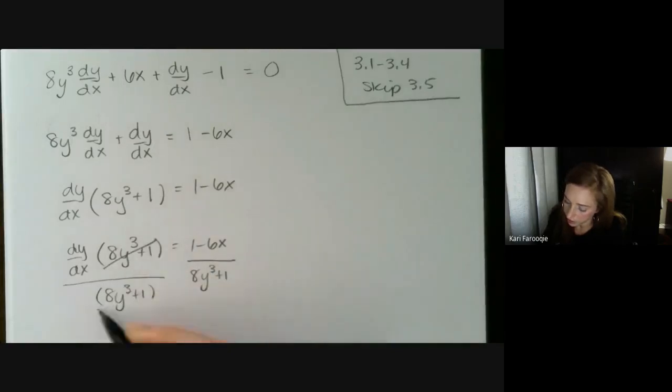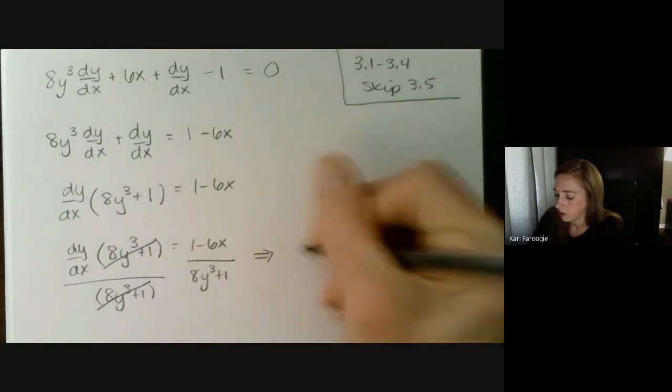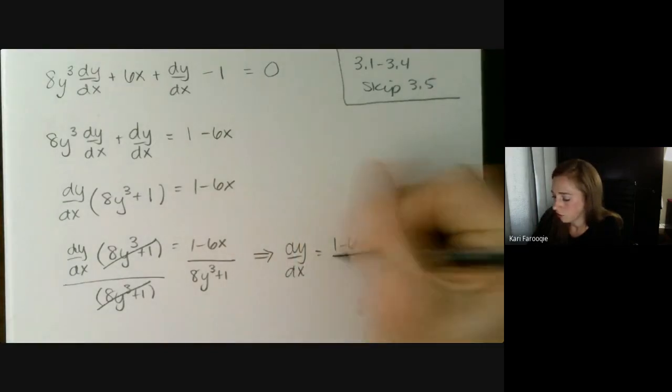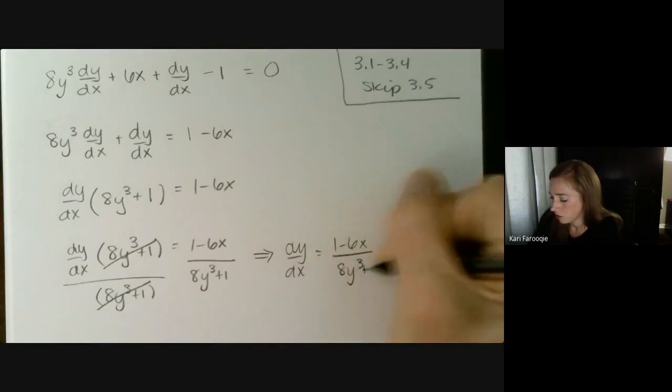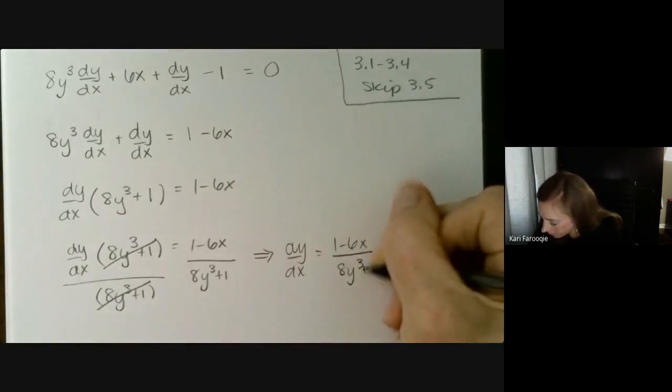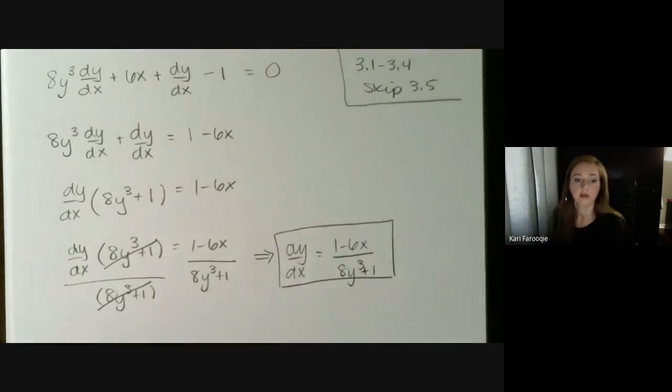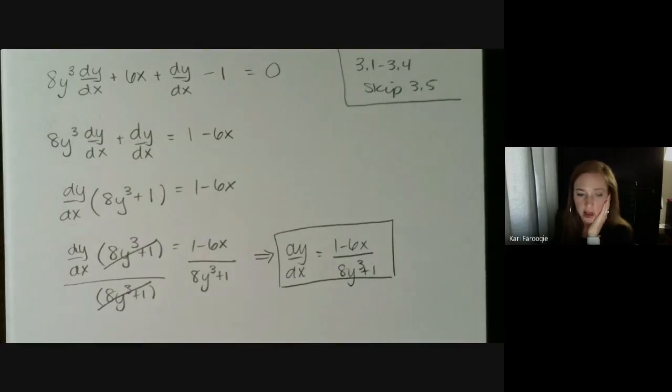And then I can cancel them out of the left-hand side. Now, again, you don't have to rewrite this. I'm doing it for the sake of my notes looking nicer. But here's your answer. dy dx equals 1 minus 6x divided by 8y cubed plus 1.